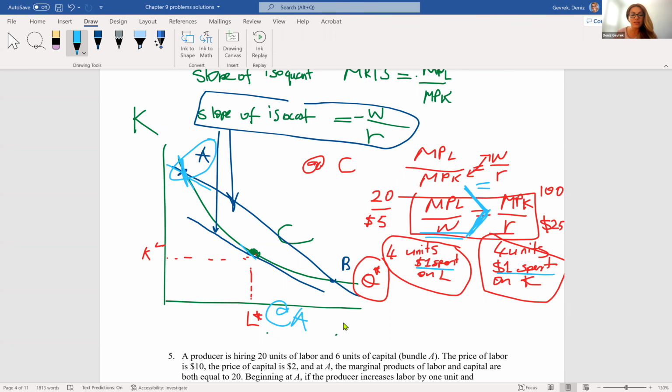So what was the slope of the isoquant? Marginal product of labor divided by marginal product of capital, actually greater at point A than the wage and rental rate ratio. So if you rearrange, you're going to get marginal product of labor divided by wage rate greater than marginal product of capital divided by rental rate.